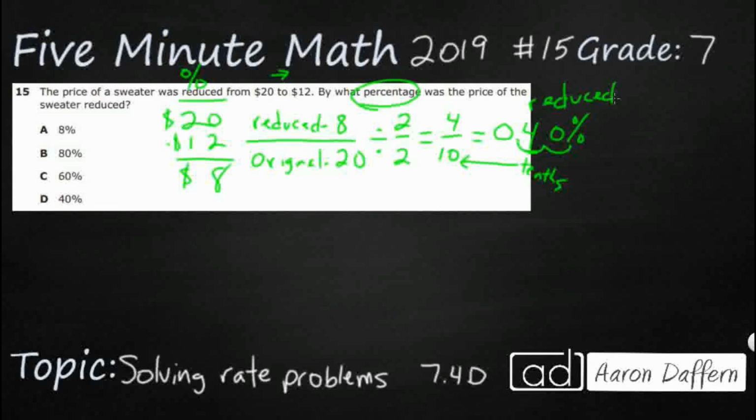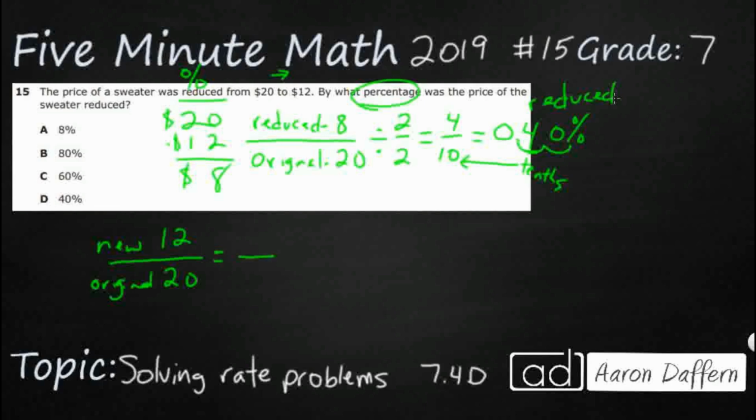Now, what's another way that we can solve that? Well, let's just take our new price of $12, and let's see the original. We can make a proportion if we need to. The original of 20, so 12 is the new price, 20 is the original.